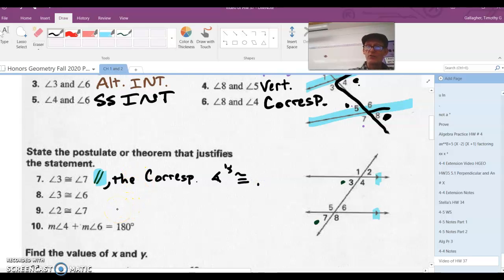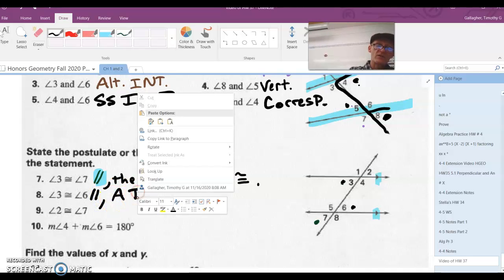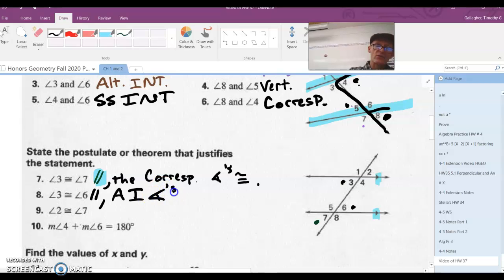Angle 3 and angle 6, those are alternate interior. So if the lines are parallel, then the alternate interior angles are congruent. Now 2 and 7, those are alternate exterior. So if the lines are parallel, then the alternate exterior, EXT, angles are congruent.